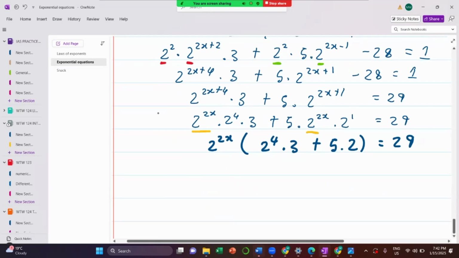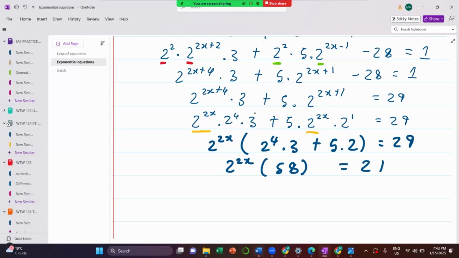So I'll have this side 2 to the exponent of 2x, and then I put all of this into a calculator. I have 2 to the exponent of 4 times 3 plus 5 times 2. I get 58, 29.